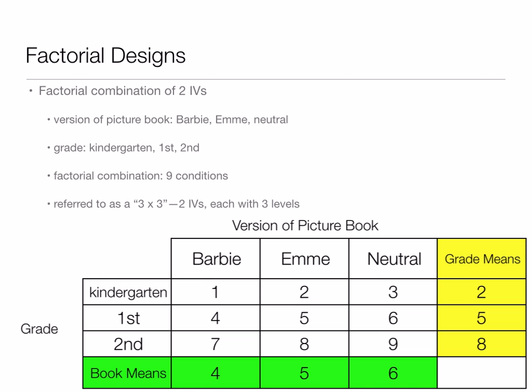These are the results we would have expected if we didn't even look at that, because this is the average of those 3. So this is the average of kindergarten results: 1 plus 2 plus 3, the average is 2. For the average of first grade results, 4, 5, and 6, the average is 5. For the average of second grade results, 7, 8, and 9, the average is 8. And we would be able to say then, it looks like there is an effect of grade.